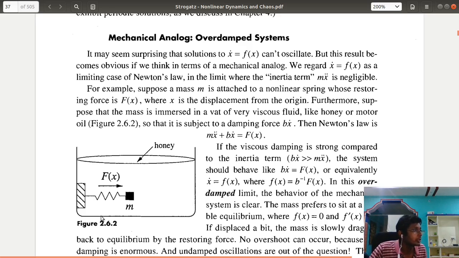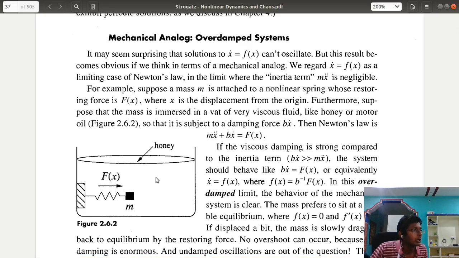The system they have considered is a spring mass system, which is immersed in honey, which is a highly viscous fluid, so that the inertial effect in the spring mass system is very, very small compared to the viscous effect due to this honey.